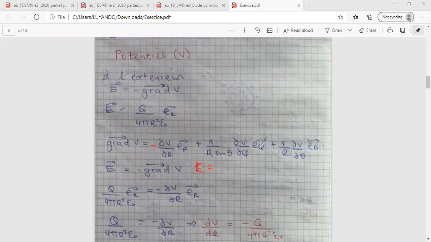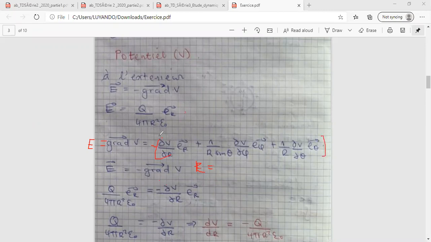This whole expression is going to be negated if I equate it to E. Do you guys get what I'm saying?